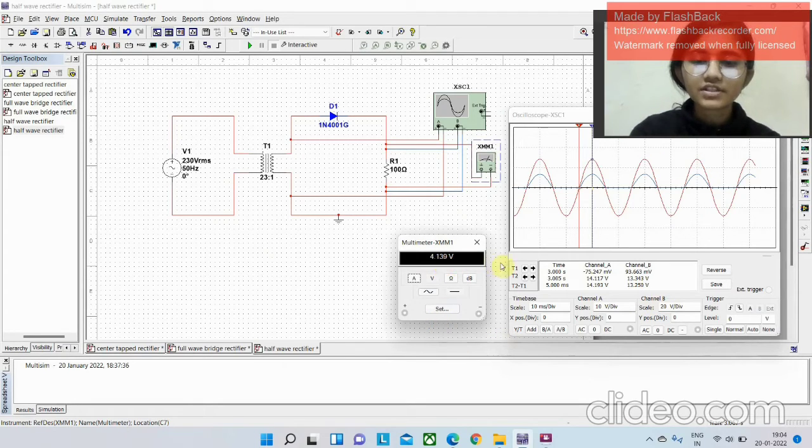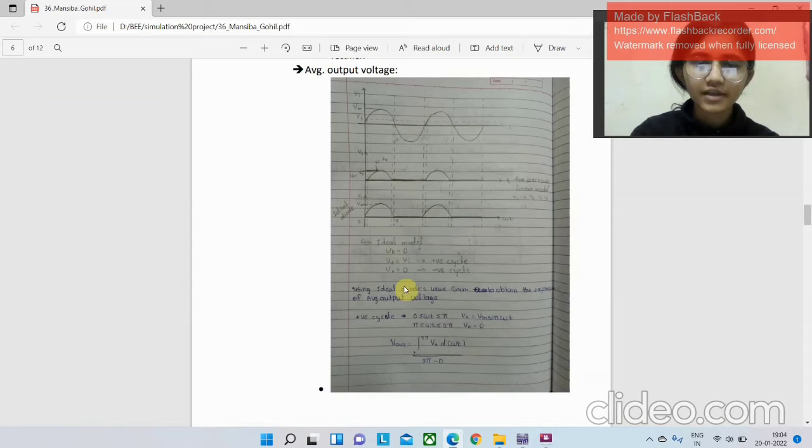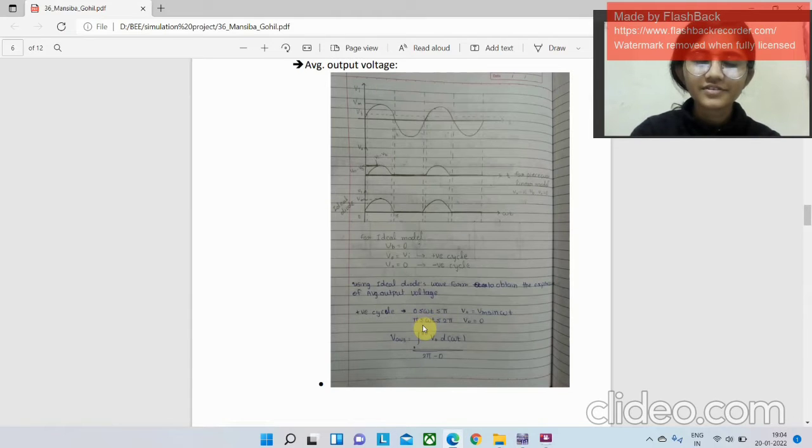That is because the multimeter will measure the average voltage of the output. I will explain how to get the average output. Average voltage is also known as the DC voltage.